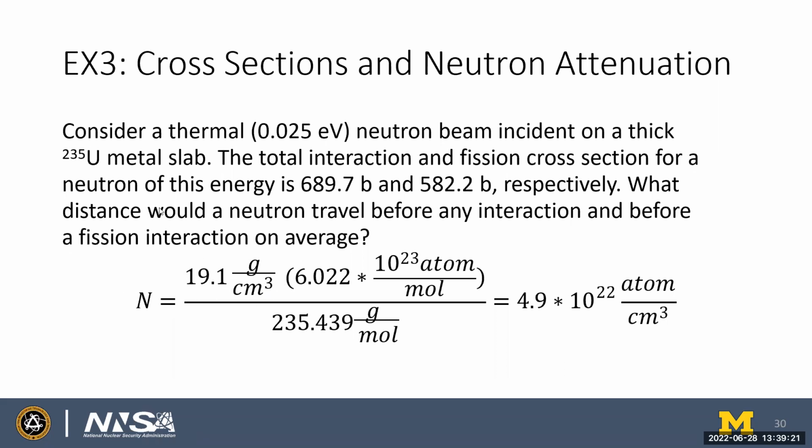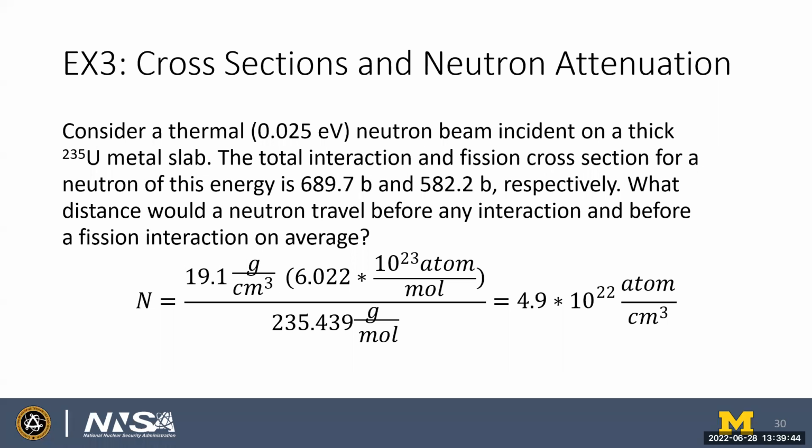In this case, it's 19.1 for uranium-235. We multiply that by Avogadro's number and divide it by the molar mass to get it in units of atoms per centimeter cubed. This number is 4.9 times 10 to the 22nd atoms per centimeter cubed.